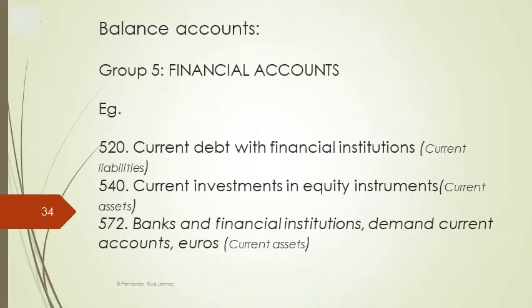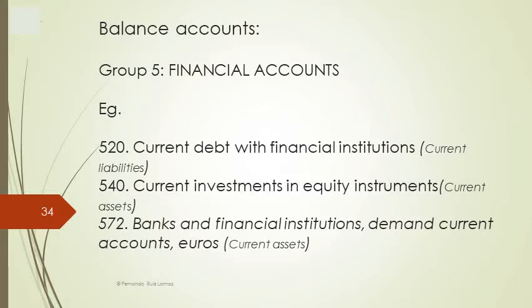Within Group 5, we may find these three examples of financial assets and liabilities. Account 520, current debt with financial institutions, which, as you can easily deduce, is a current liability in the balance sheet, and two examples of current assets.